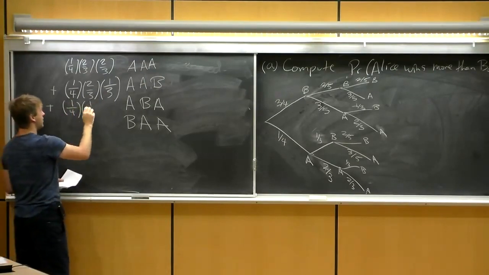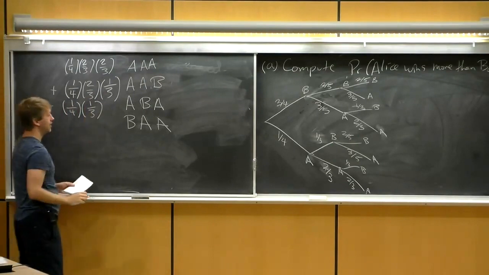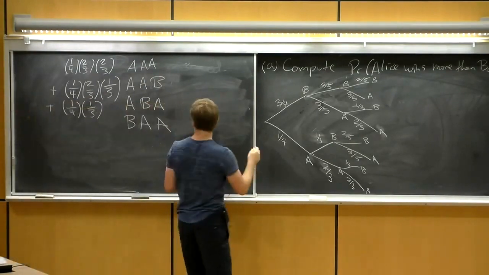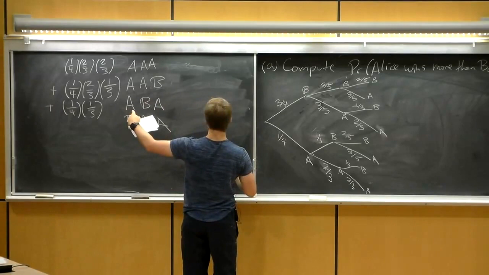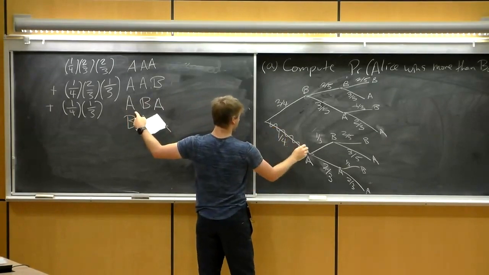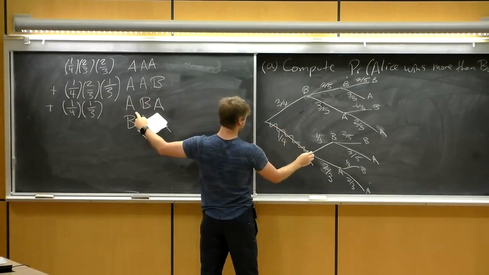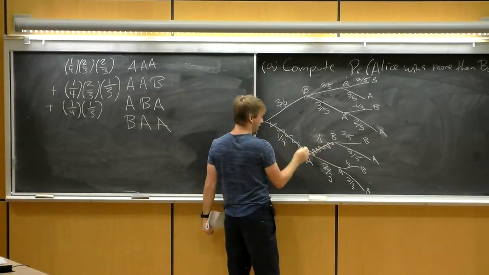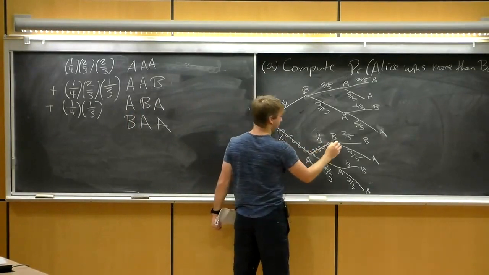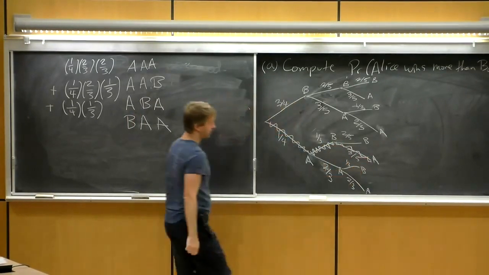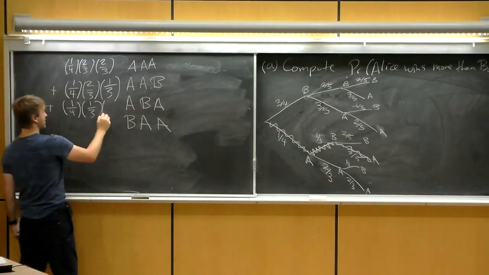Then we've got a 1/3 chance that Bob wins. So, let me be careful for this third one. We're doing 1/4 for Alice. We're doing A, and then B, and then A. So the last one should be 3/5.